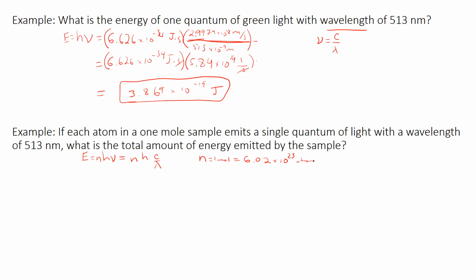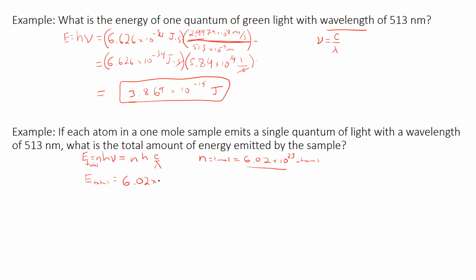So N would be 6.02 times 10 to the 23rd. So here you could say E, and remember, this is E total, that's the total amount of energy given off by a sample, as opposed to the amount of energy of the wavelength of light.